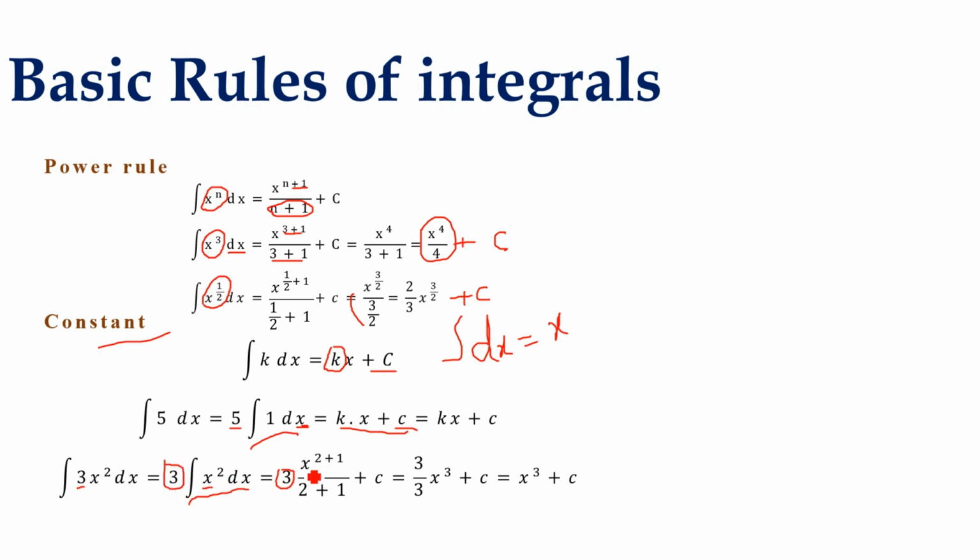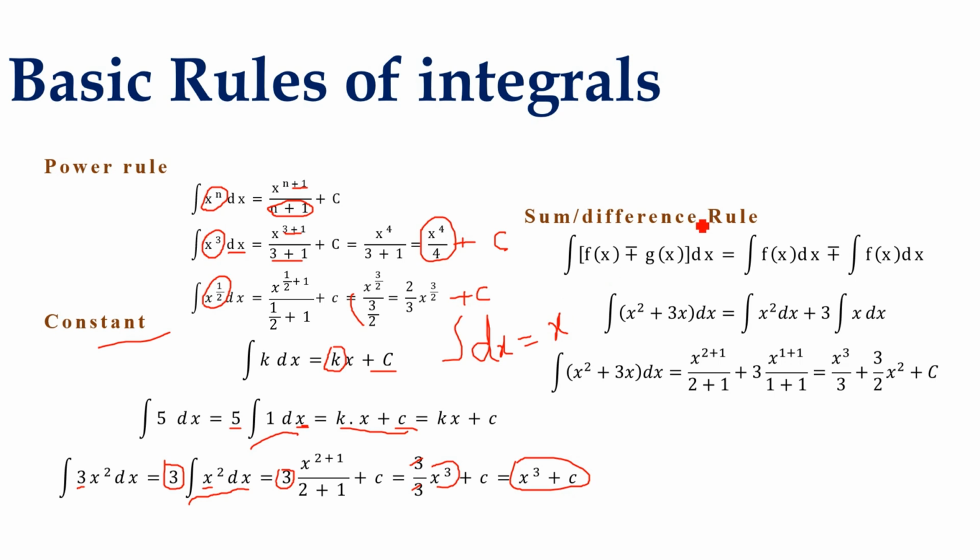So the result will be x power 3, because 2 plus 1 becomes 3, and dividing 3 by 3, this cancels out, and we have x cube plus c, the final result.